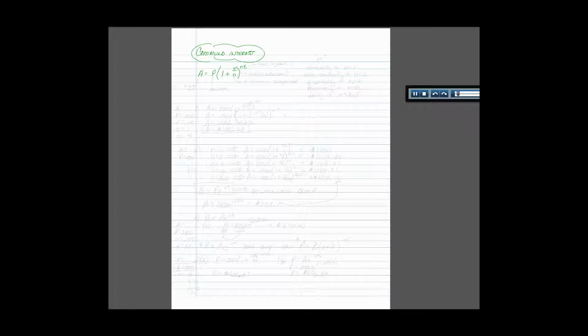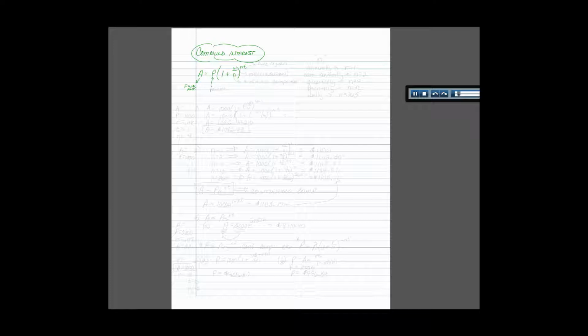Now let's talk about each of the letters and what it stands for. So the A has to do with the final amount, the amount that you pay if you take a loan, like on your mortgage, or the amount that you would get if it was an investment, which would include your original investment amount plus your interest.